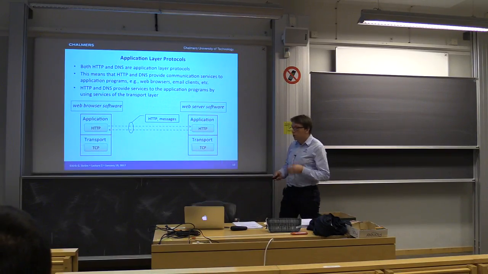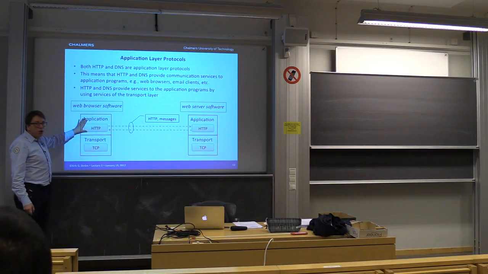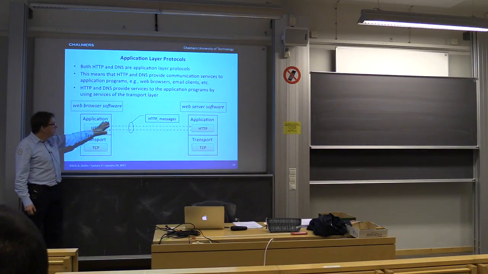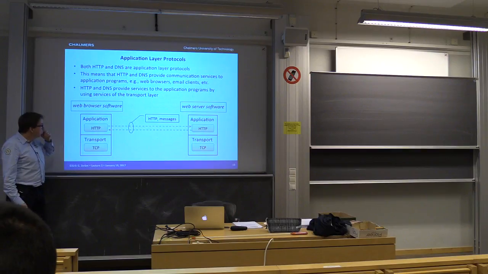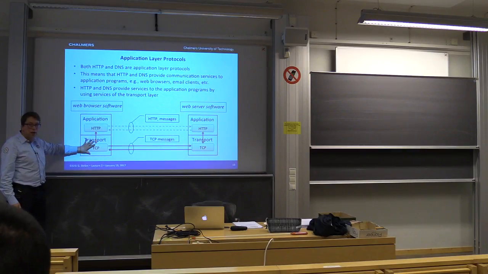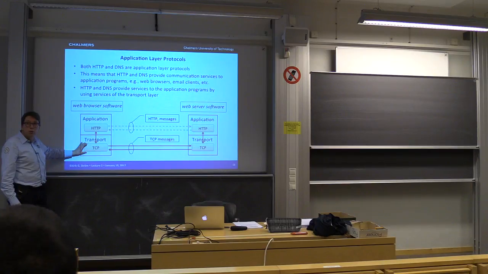Then, of course, how are things done in practice? Well, HTTP does not magically transfer information according to these dotted lines here. This is only the logical connection. The physical connection is actually going down to the layer below it, right? So the protocol HTTP is using TCP in order to transmit its messages.